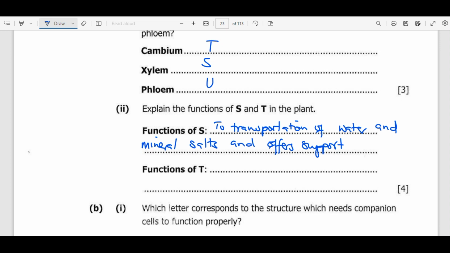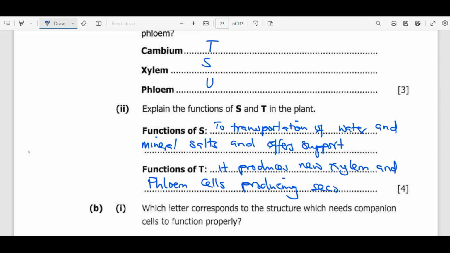For secondary growth, the cambium is the one that performs it. Secondary means that at this time the cells are specialized and are performing a specific function.